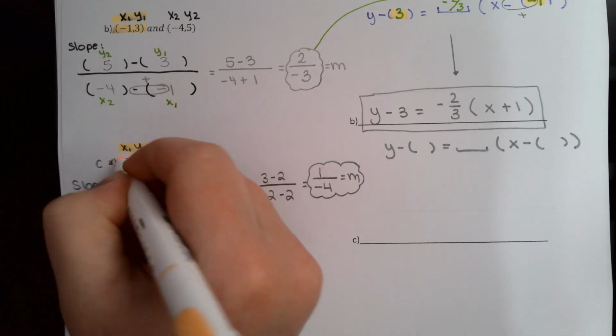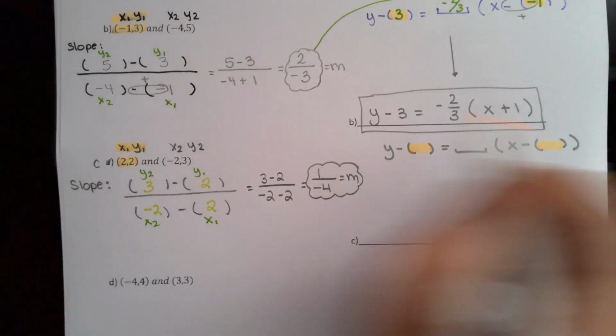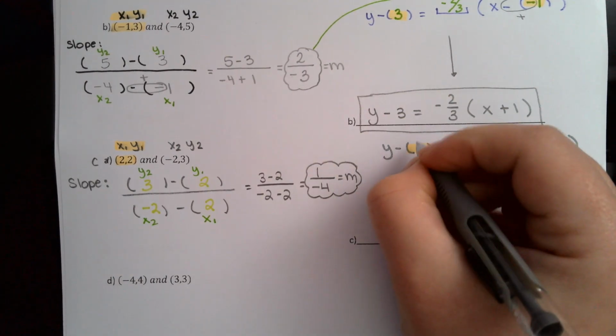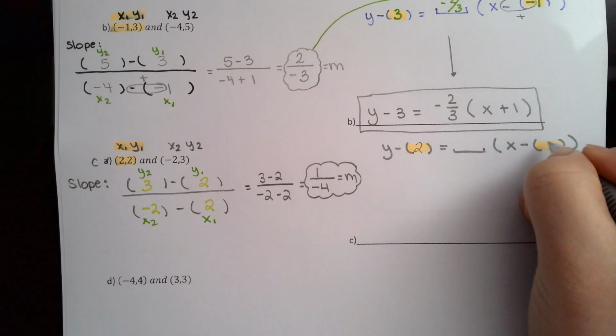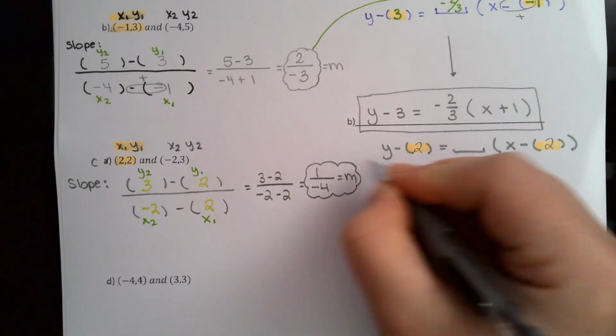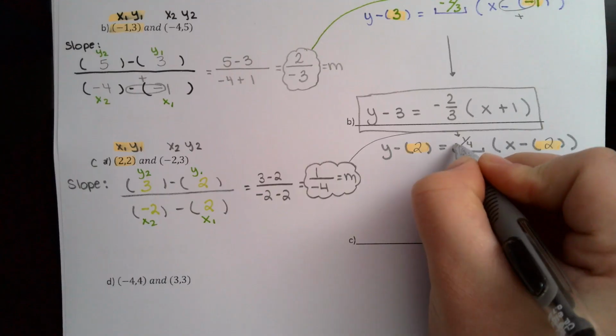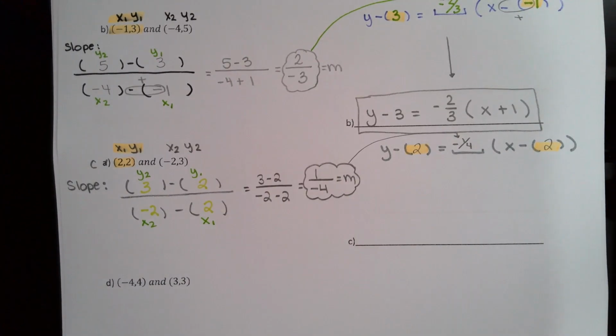Here's our points. y1 is 2, x1 is also 2, and then our slope, we're going to bring from here, we get a 1/4, that's negative. Don't forget that negative, please.